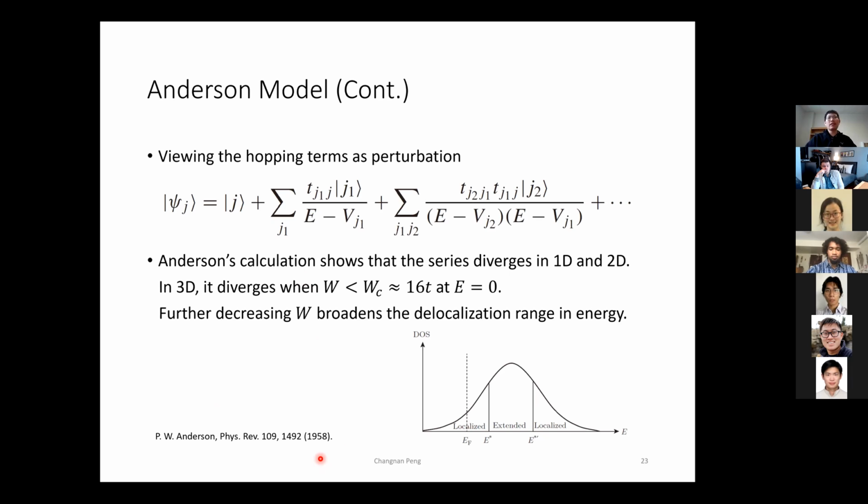What Anderson showed in his 1958 paper is that if we treat the hopping as the perturbation, and the non-perturbed case is where every site has its own site potential and the waves are localized at each site, the bases are the sites, then this perturbation series will converge in 1D and 2D.